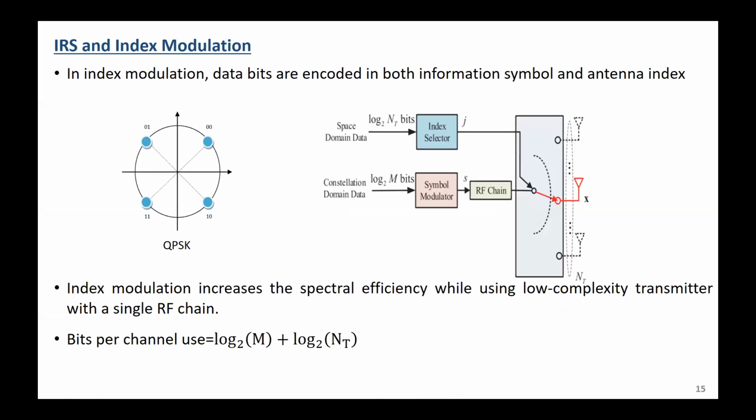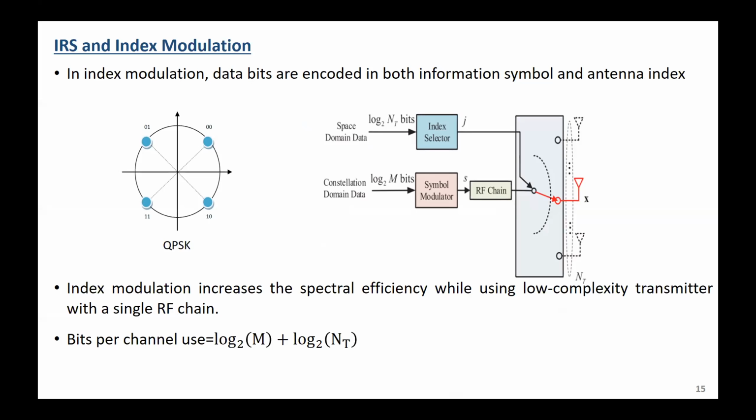Another technique that can be used with IRS is that the IRS itself can be used to perform index modulation. Index modulation means that the data bits are encoded in both the modulation scheme that you are going to use and the antenna index.